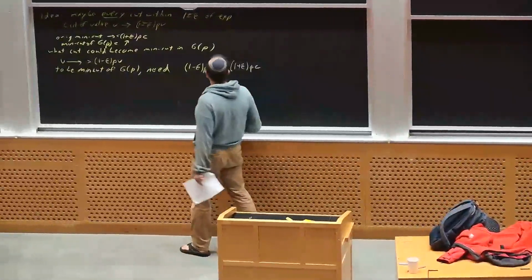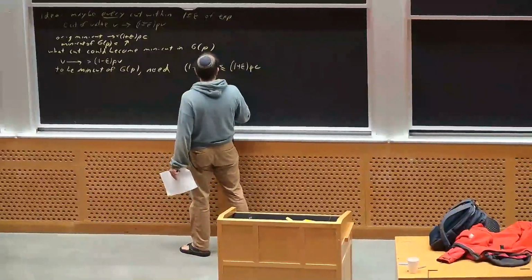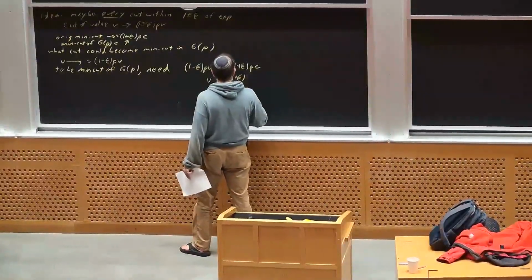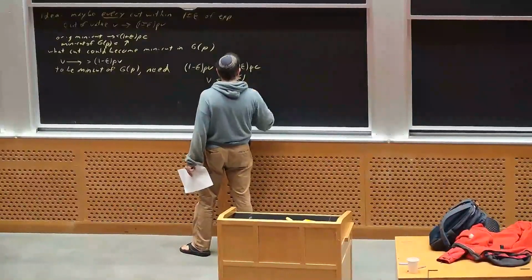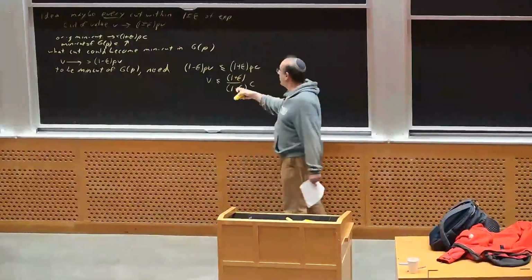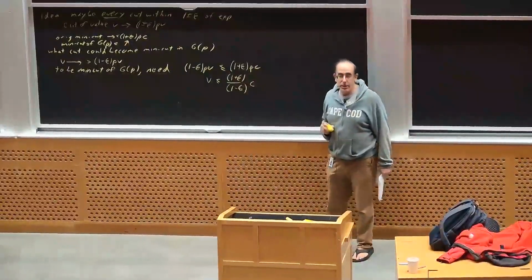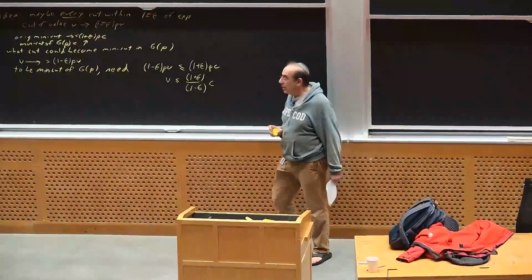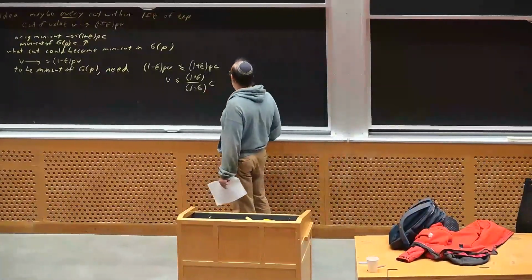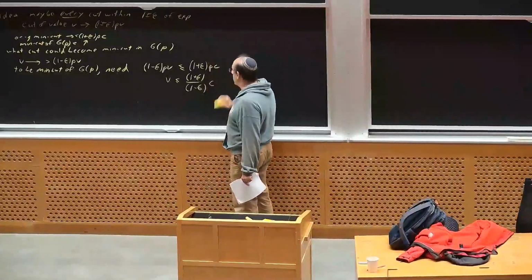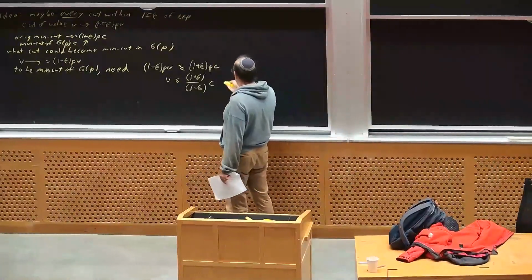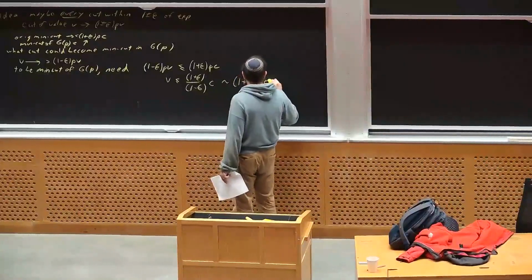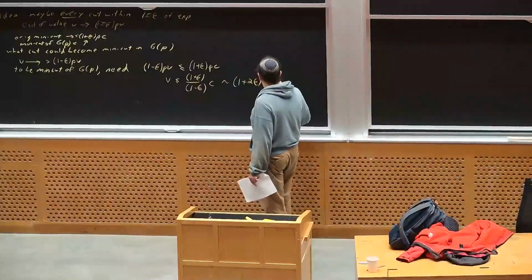But now we cancel out the p's, and we find out that the starting value of that cut is within 1 plus epsilon over 1 minus epsilon of the minimum cut value, right? And for small epsilon, 1 over 1 minus epsilon is about 1 plus epsilon, and 1 plus epsilon squared is about 1 plus 2 epsilon, so I'll just say this is about 1 plus 2 epsilon times c.